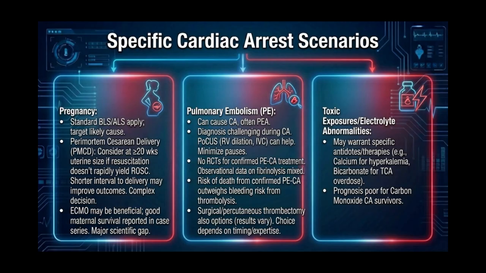In instances of digoxin overdose, while there is a lack of data regarding the use of antidigoxin Fab fragments specifically during cardiac arrest, evidence from trials and case series supports their safety and effectiveness for treating serious arrhythmias resulting from digitalis overdose in other clinical settings. Similarly, patients experiencing cardiac arrest due to carbon monoxide poisoning face poor survival rates following hospital discharge, irrespective of post-return of spontaneous circulation treatment.